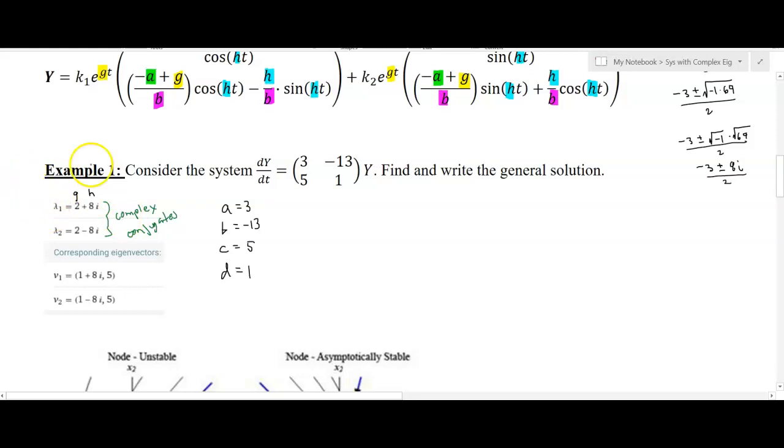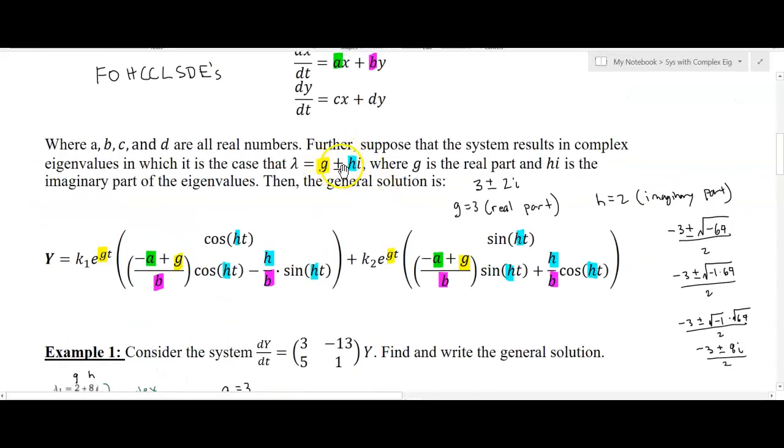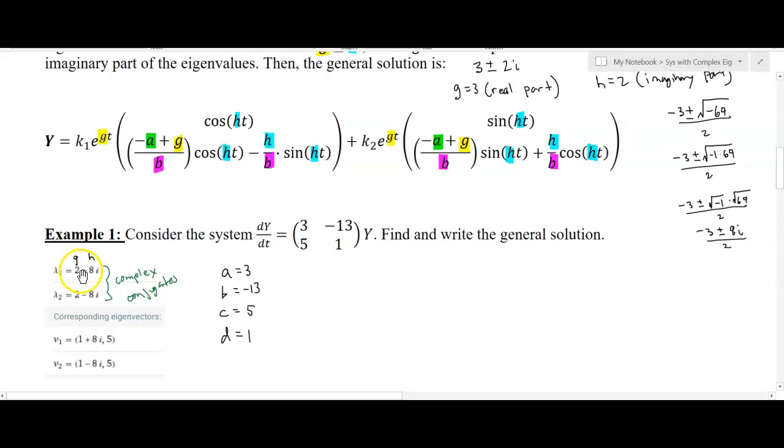Up here in our definition, we say G plus or minus HI, so H itself is a positive quantity, but it's added in one of the eigenvalues and subtracted in the other. For G, we do take its sign. In this case, it happens to be positive 2. H, we ignore the sign, it's going to be 8.